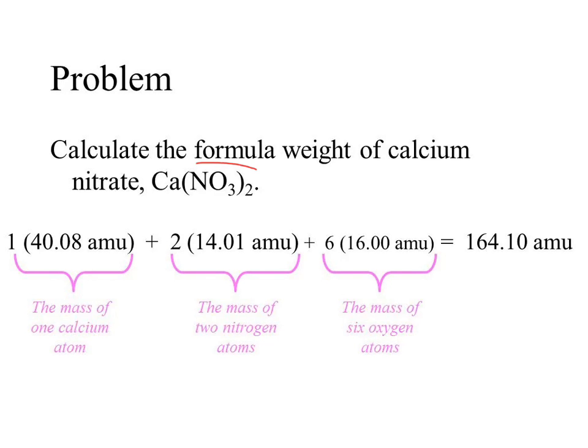Here's where I'm counting on the fact that since I have this 2 out here, that means I have 2 nitrogens, and you guys would tell me 6 oxygens. Okay, so there's my 2 nitrogens and my 6 oxygens right there. So I have 3 elements to account for. Okay, not too bad.